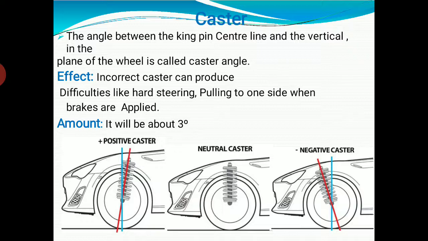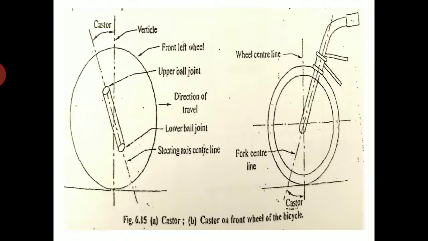You can see the figure, positive caster. The red line and the blue line mark the center of the tire, and there is a neutral caster and a negative caster. When it moves forward or backward, this is what the figure shows about the caster angle.